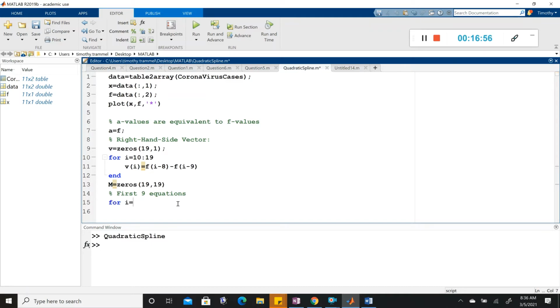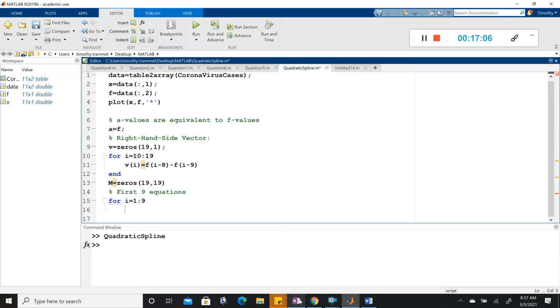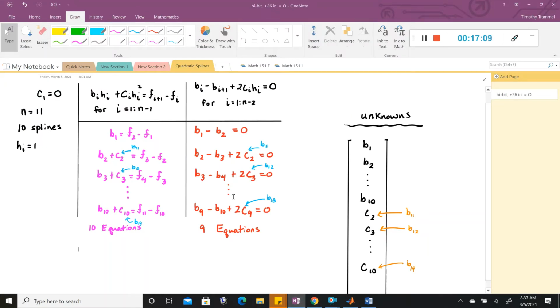So how about for I equals 1 to 9. Okay? Equations 1 to 9. Okay. And let's start off by thinking about, okay, again, we're looking at these red equations for the first 9. Let's just think about the first element in all these equations, b1, b2, b3, b9.